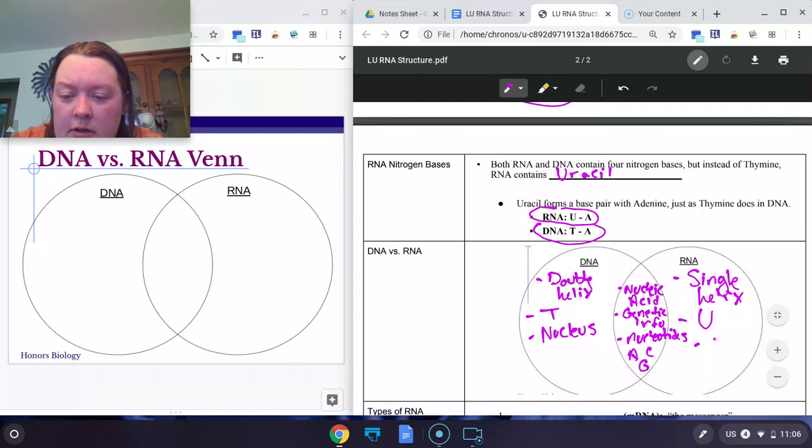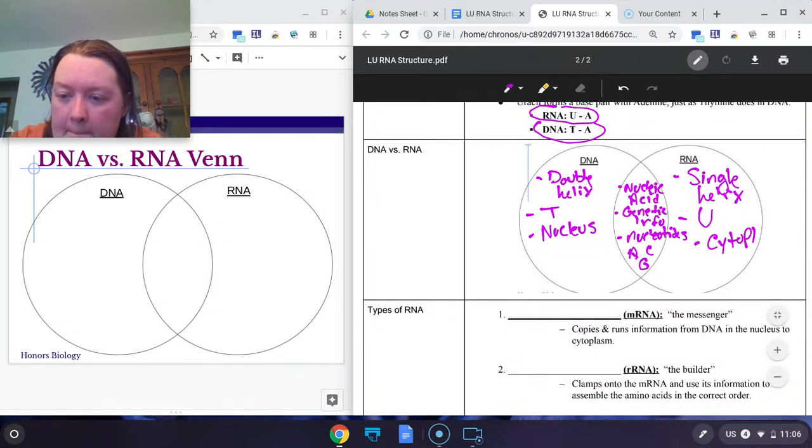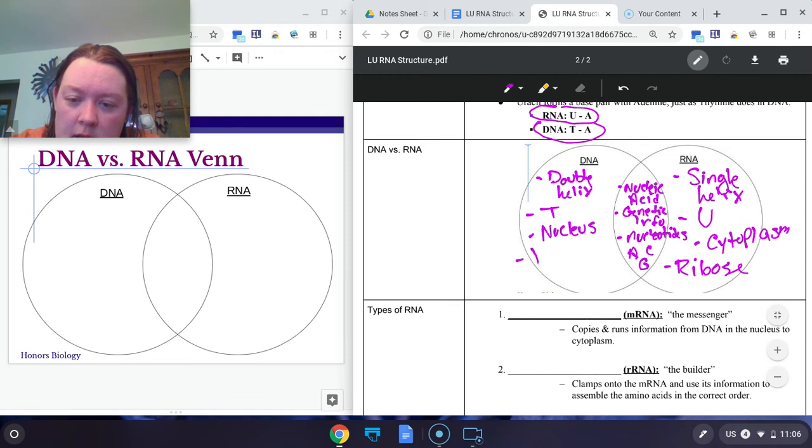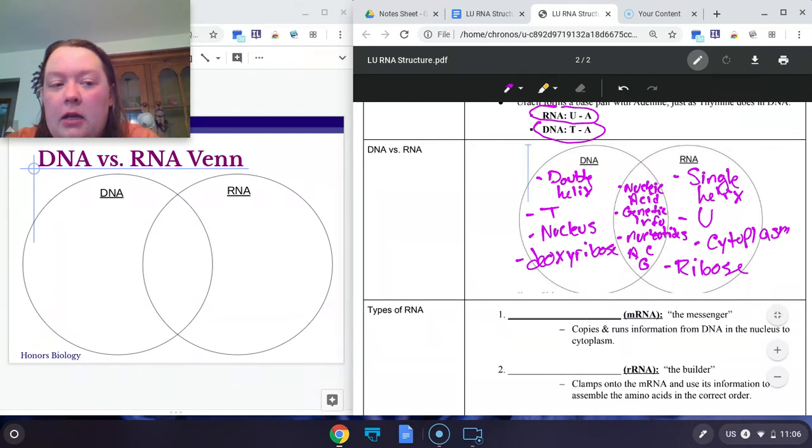This one is found in the cytoplasm. And the only other difference is the sugar. RNA has ribose, and DNA has deoxyribose. So those are some differences between DNA and RNA.